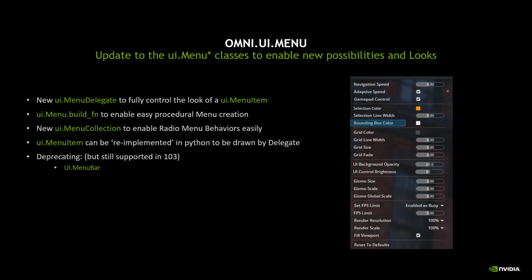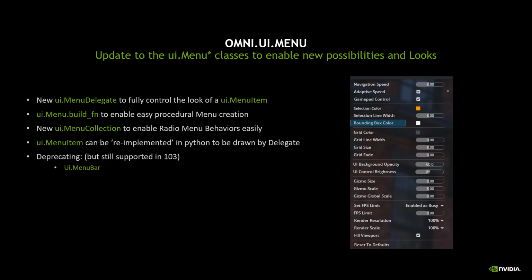There is a new UI Menu Delegate that helps you fully control the look of UI menu items. It is very similar in form to what we use for all of our other delegates, making sure the platform uses common patterns that are reused everywhere. We also had a lot of demand for menus to be fully built dynamically on click, so you can create menus more procedurally.